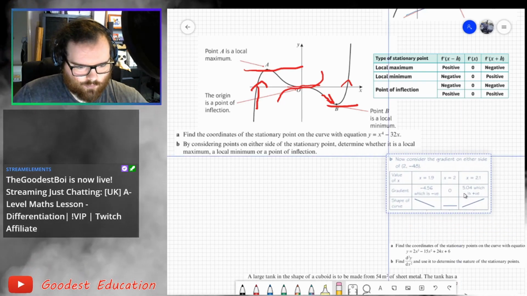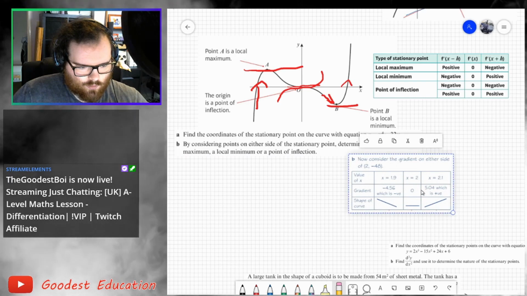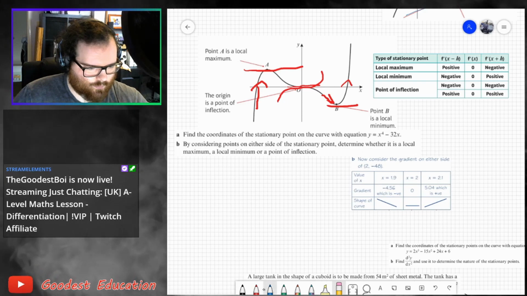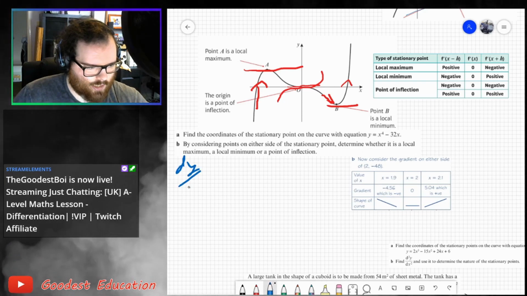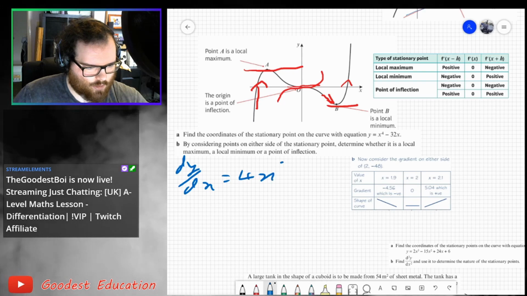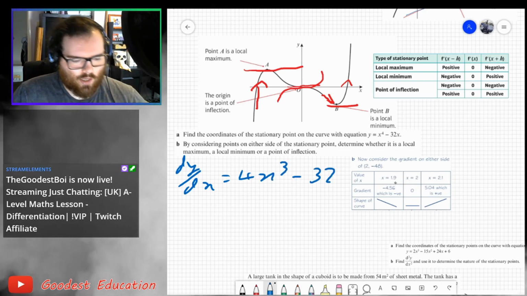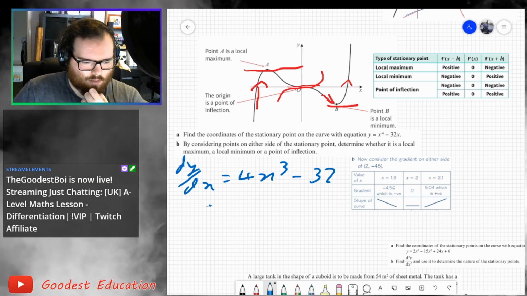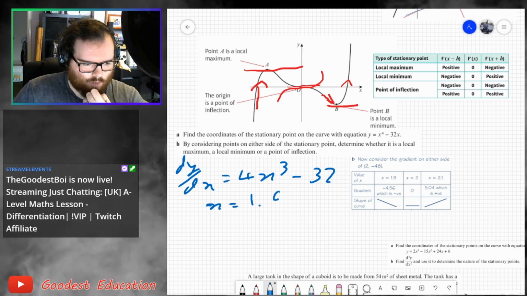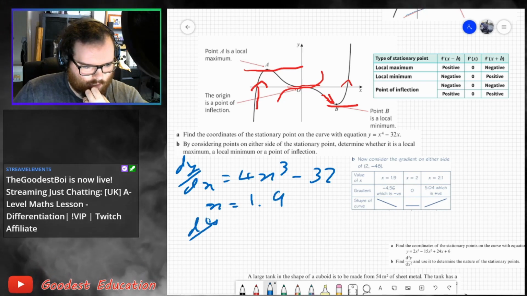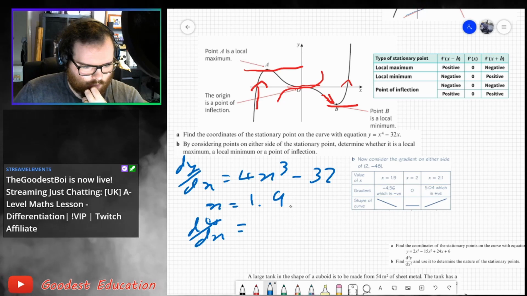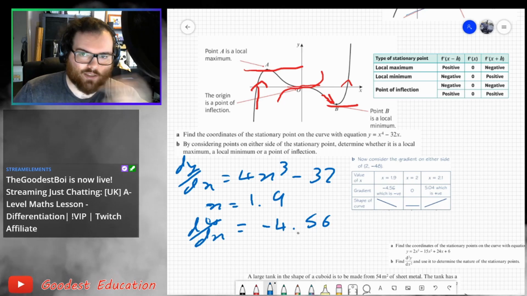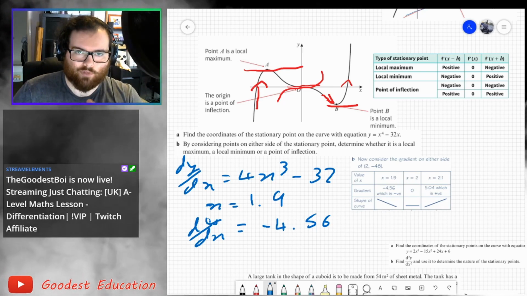So what you could do, if you had dy/dx equal to 4x cubed minus 32, is substitute in values either side of the point. If you put in x equal to 1.9, then dy/dx is equal to minus 4.56, which is negative, so it means that the gradient is decreasing just before.